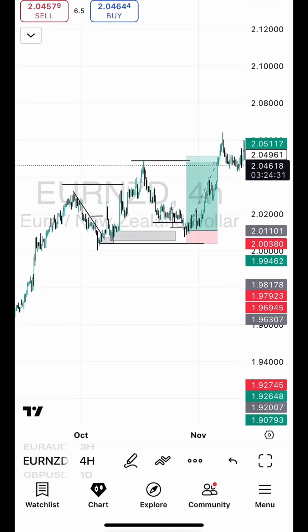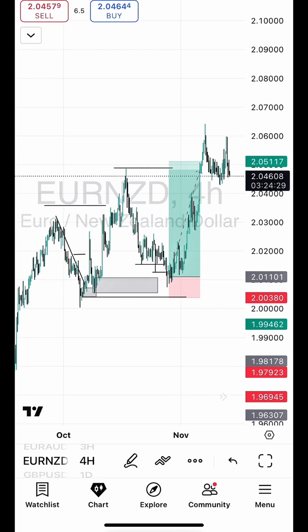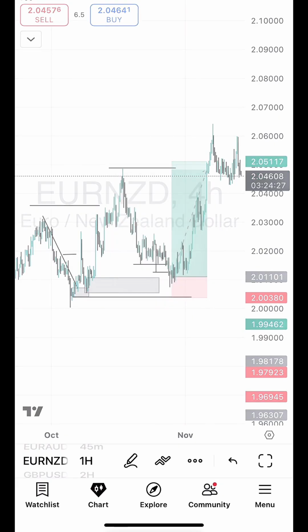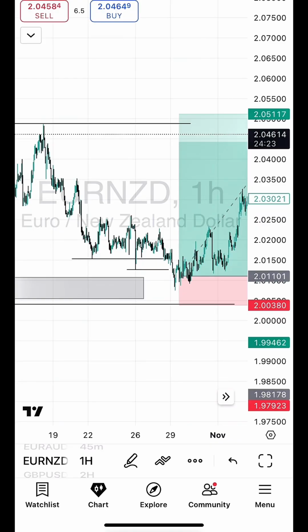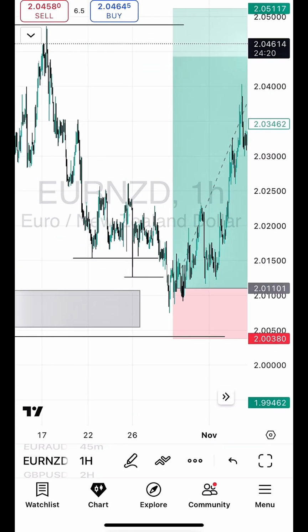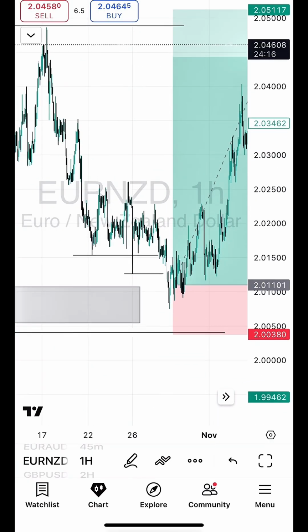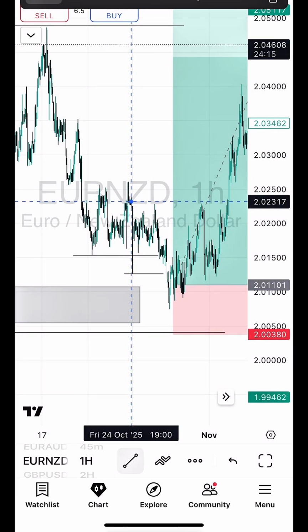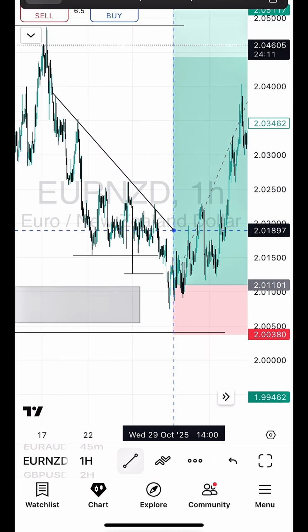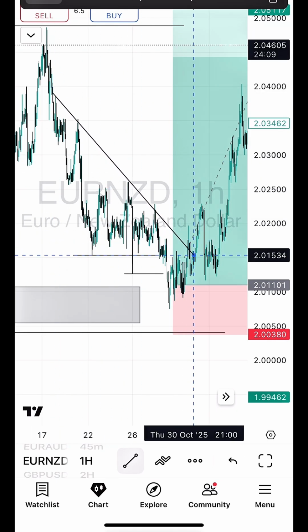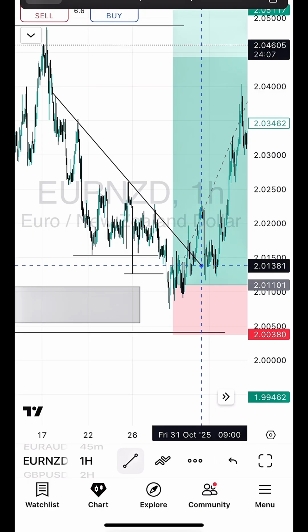So since this is the 4 hour, going down to a lower time frame, we have this 1 hour. If you look at it clearly, we have a trend, a fractal trend. You understand? We have general trend and fractal trend. So this is another trend line, a fractal trend line.